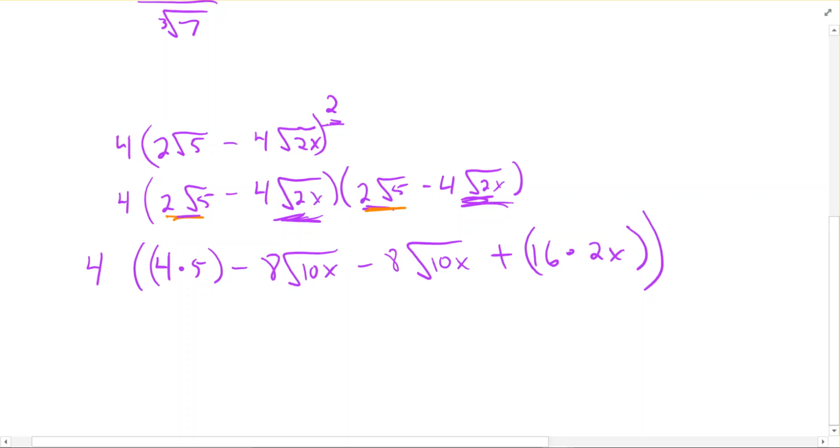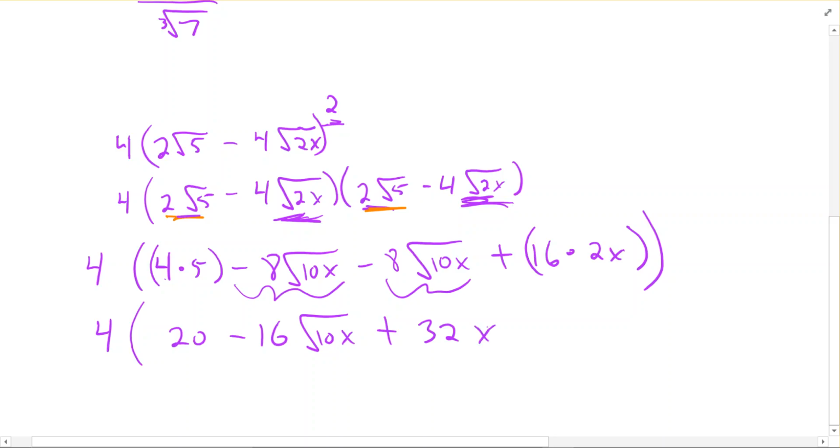Okay, now let's just clean this up a bit. So that 4 is still just hanging out front. And 4 times 5, that's 20. And now I'm going to combine these. These are like terms. So negative 8 minus 8 ends up being minus 16 root 10x. And then the last part, 16 times 2, is going to be plus 32x.